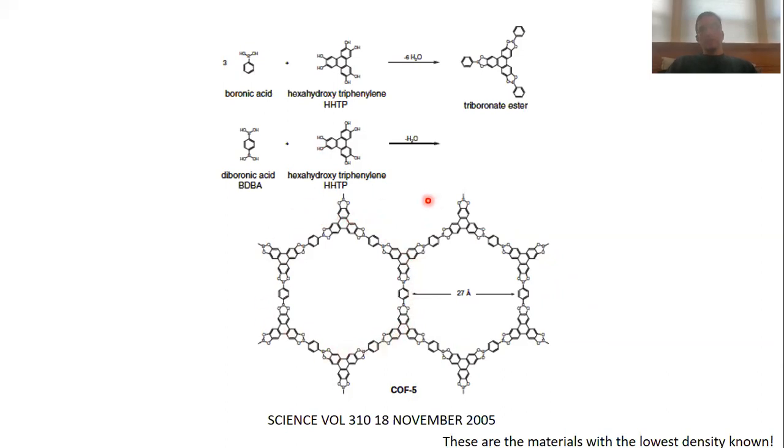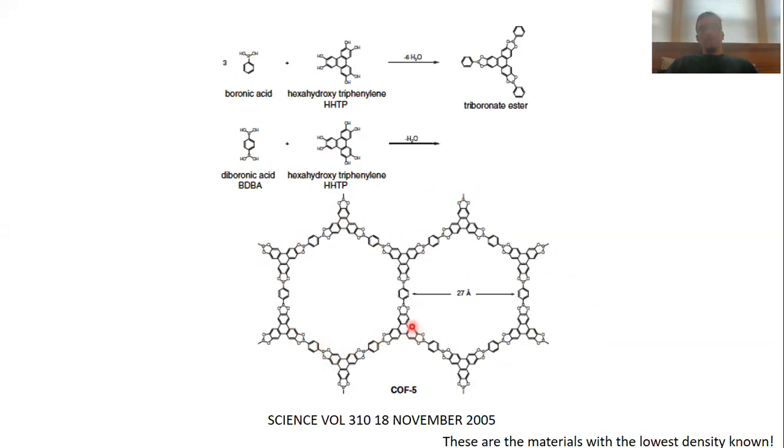And you see that in this two-dimensional extended solid, we have the diboronic acid units shown here, interconnected via this tritopic linker here, to make these hexagonal pores.